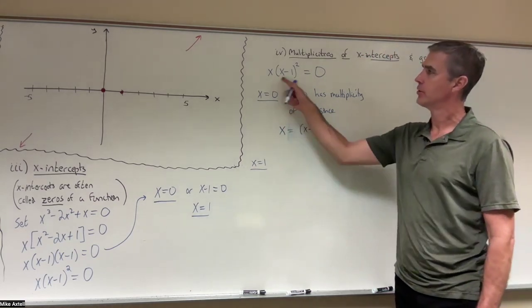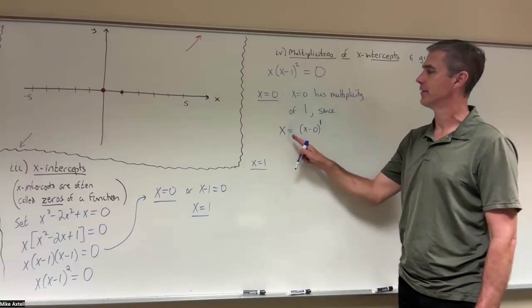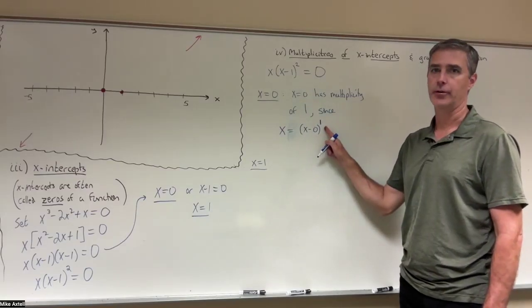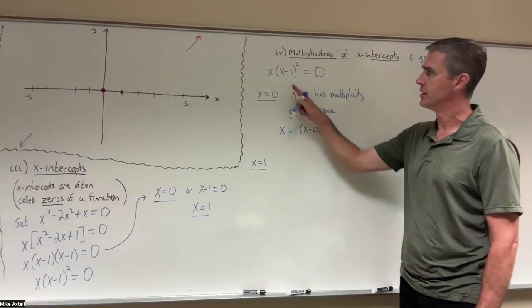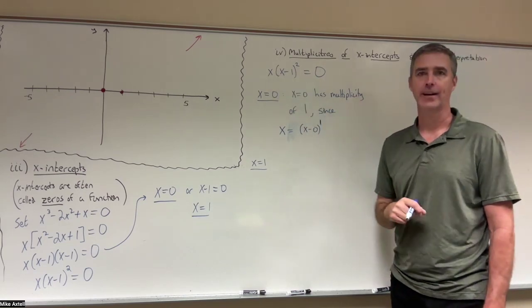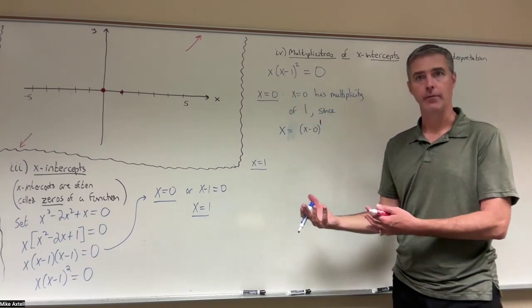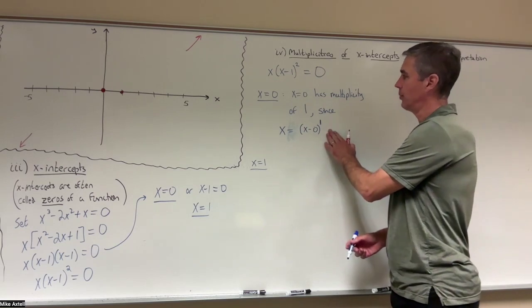When I factored my polynomial, I had an x to the first, not an x squared or an x cubed. So the multiplicity is the power on the factor that 0 came from. So this is multiplicity 1.